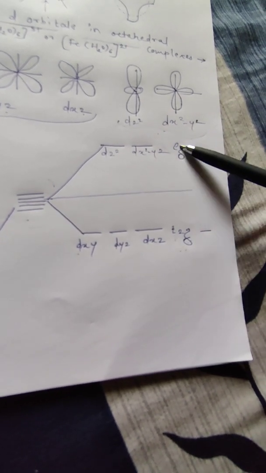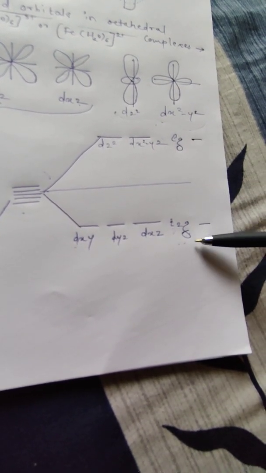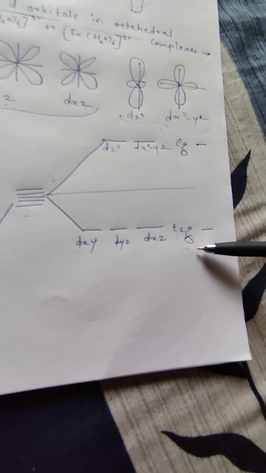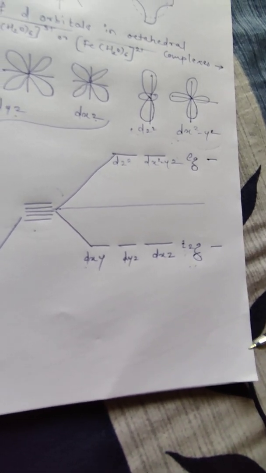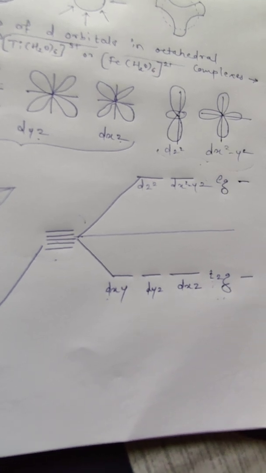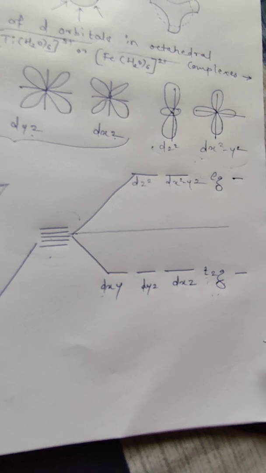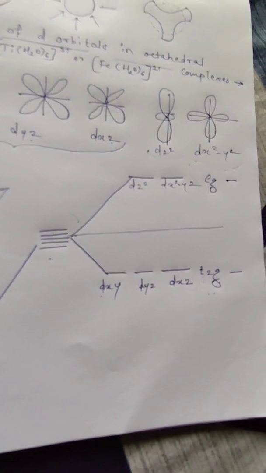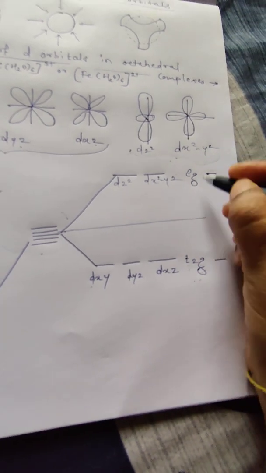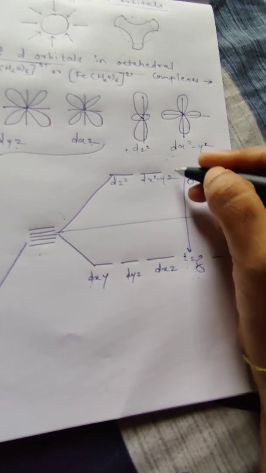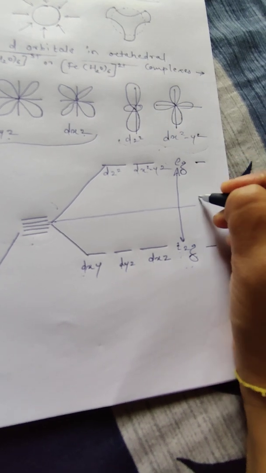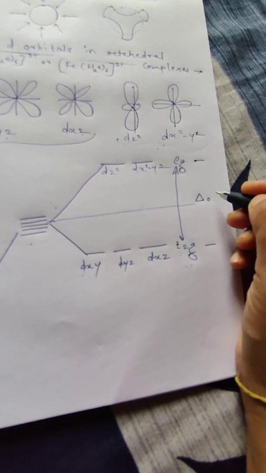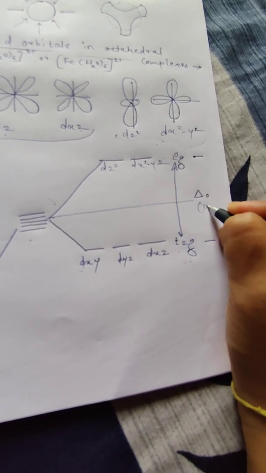The separation of these five d orbitals into two groups in the presence of ligands is called crystal field splitting, and the energy difference between the T2g and Eg orbitals is called crystal field splitting energy, represented by delta O, or also denoted by 10 Dq.